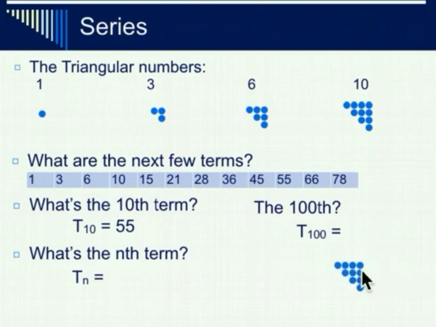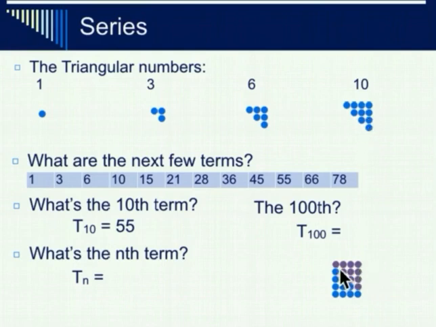So here's the fourth number in the list again, right? 10 dots here. I'm going to simply make a copy of this and rotate it 180 degrees. Now if I line this up underneath here, we've got a nice rectangle. The width of this rectangle is 4 because it was the fourth number.